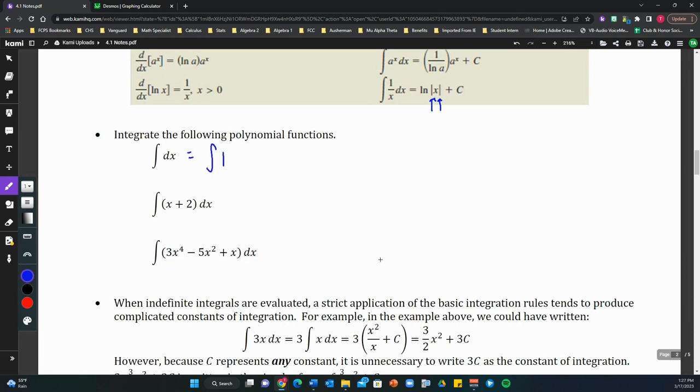So this is really a constant function of 1 times dx. The rule above says that the integral of any constant is that constant times x. So this is really 1x, but then we have to write plus c. So that is our answer.